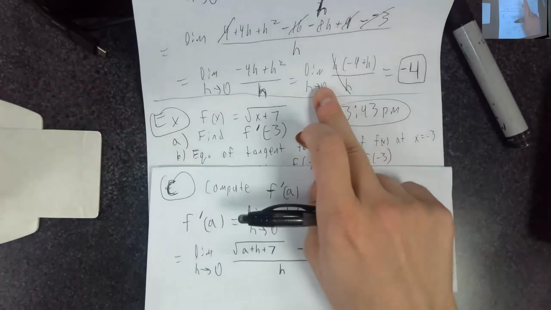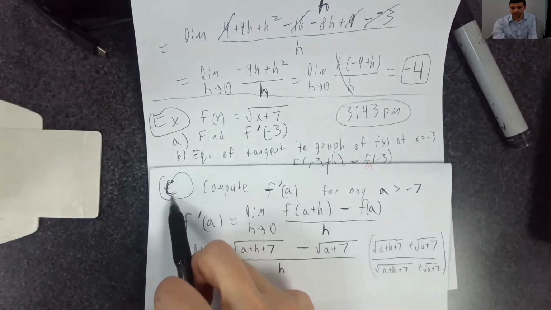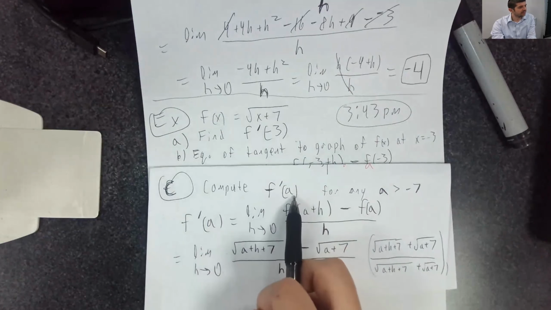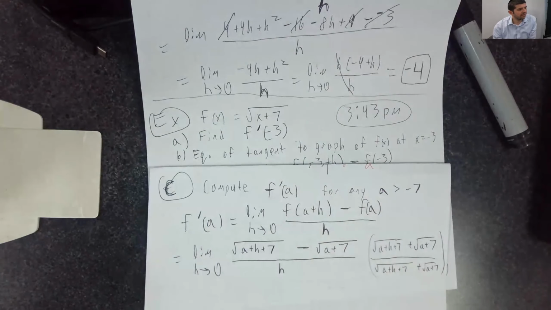So what Jackie's asking, this is like, let's say part C of the question. Here's our function. Now they want the slope of the graph at a. So limit as h goes to 0. We're just going to FOIL this out. Radical times radical, a plus h plus 7.